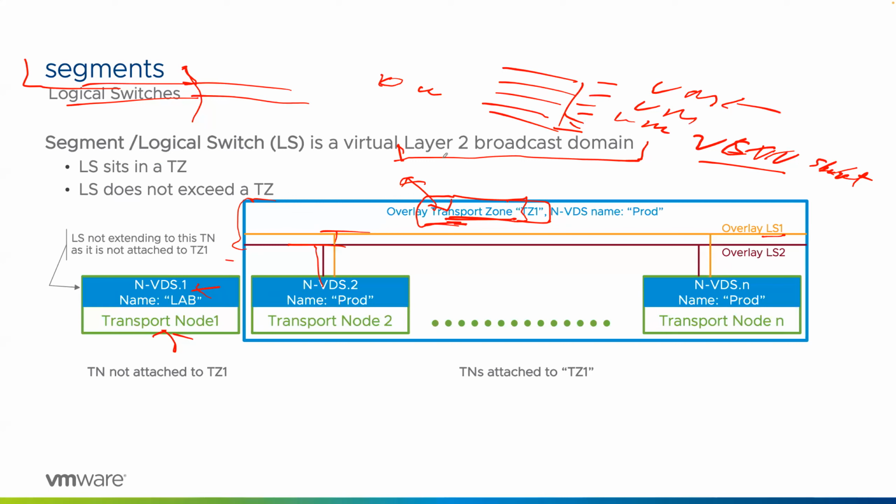That means we are building up the layer 2 cabling virtually. So the concept of the segment is pretty important for you to design the whole NSX system in terms of layer 2 switching or network topology.